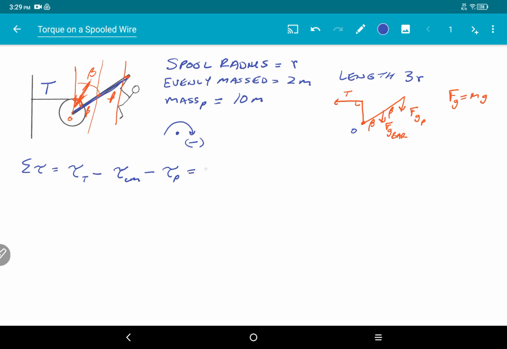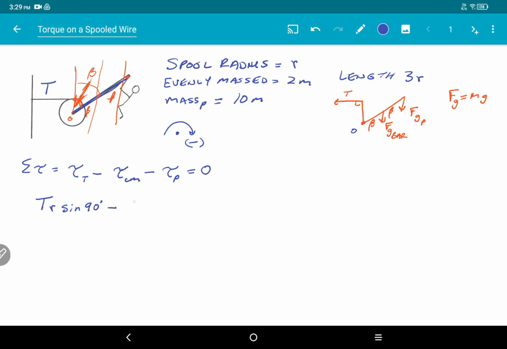And since nothing is moving, we're just letting the person hang from the bar, we'll keep the whole system static, equals 0. So this will be the tension times R times sine theta, which is 90, that's just 1, not a big problem.